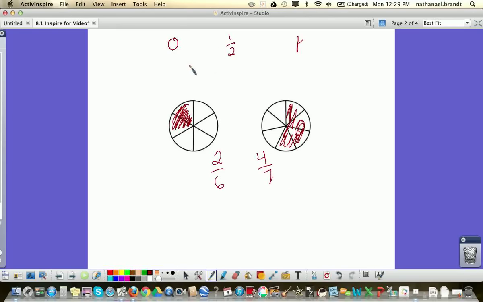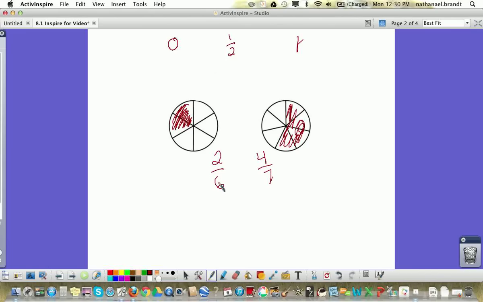Then, thinking about our landmark fractions, is the fraction closer to 0, closer to 1/2, or closer to 1? Well, we're going to think about half. So, look at the denominator. We have 6.